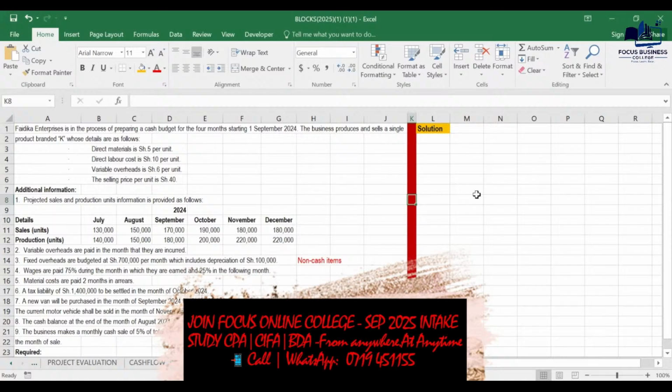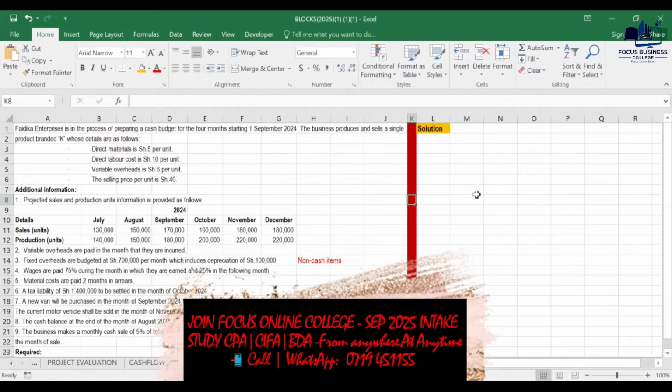But in this case, we're required to prepare a cash budget just for 4 months: September, October, November, and December. So we need to have how many columns? 5. The total, the details column, and columns equal to the number of months. And then from there, we start by recording the opening cash balance. We record the cash receipts or the cash inflows, and after that, we record the cash outflows.